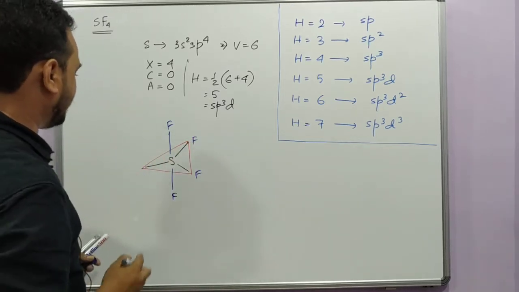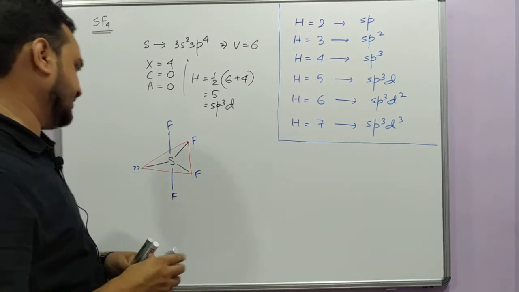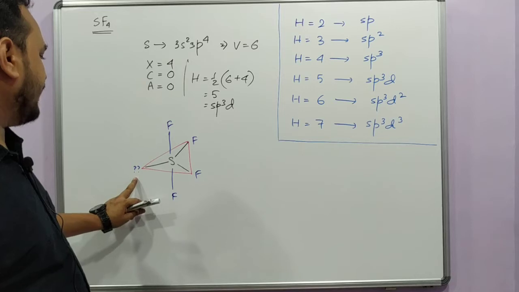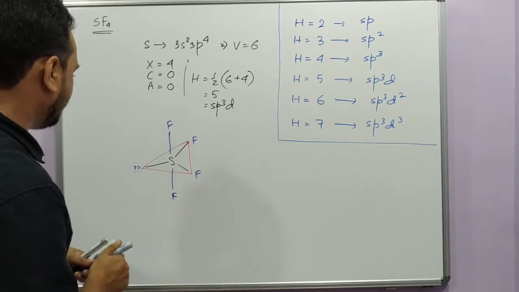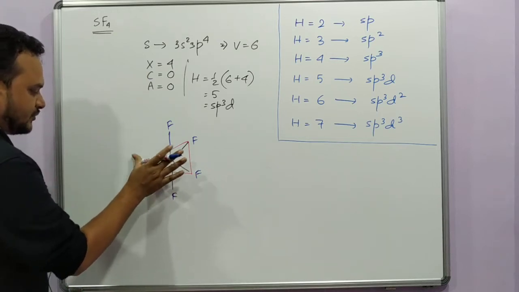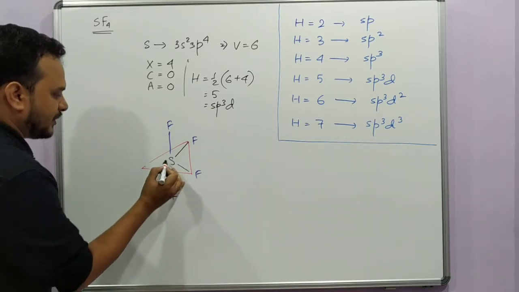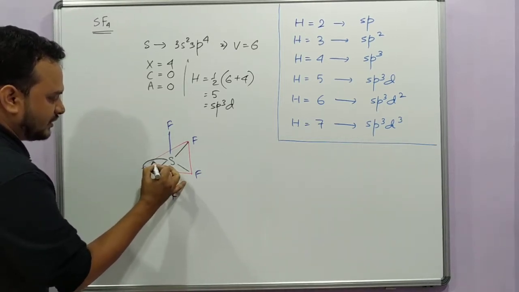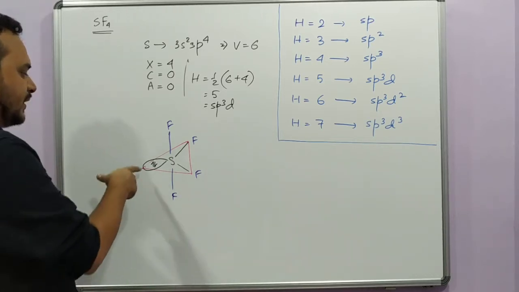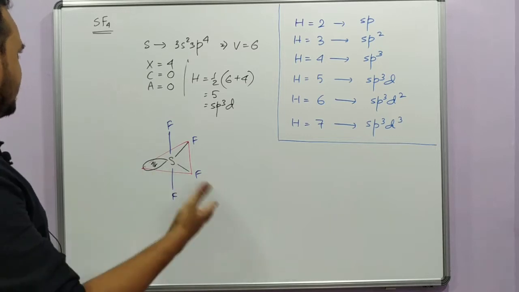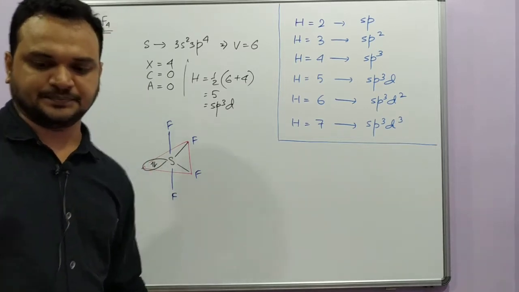Now the question arises, what is the fate of this 5th vertex? This is actually occupied by a lone pair of electrons. Soon we will see how to calculate the number of lone pairs and bond pairs. For now, see, it is the lone pair of electrons that occupies the 5th vertex. Just after a few more examples we will see how to calculate the number of lone pairs.